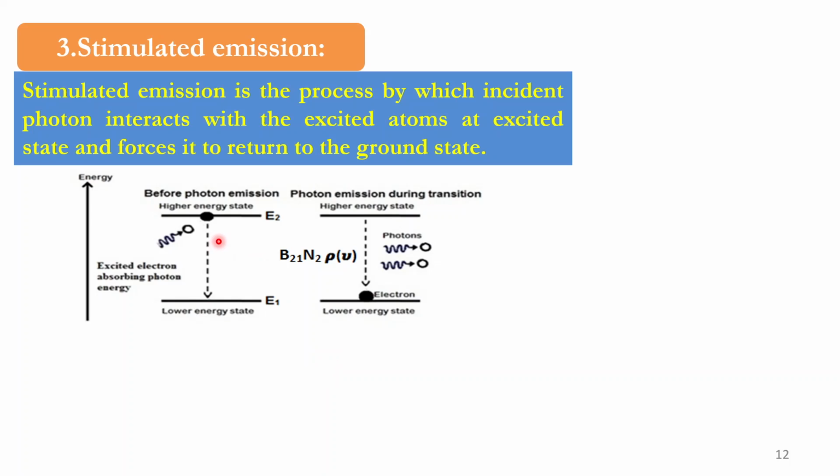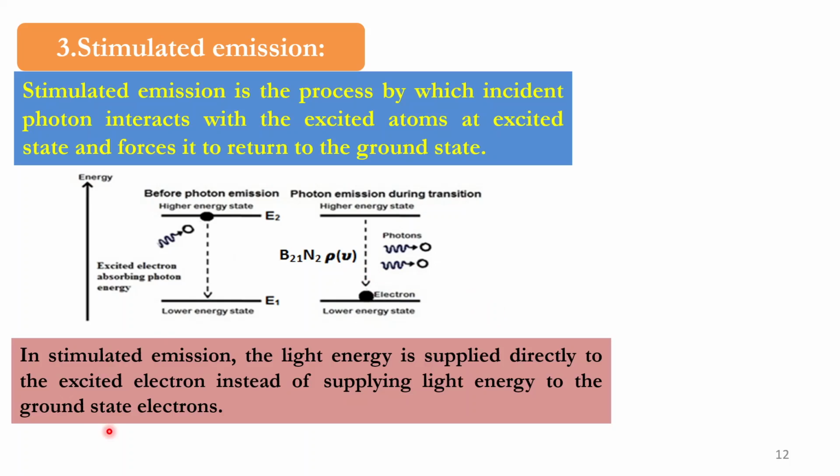Such emission of radiation is known as stimulated emission. In this figure we can see an atom in the excited state. When it interacts with the incident radiation, the atom is forced to go from the excited state to the lower energy state, and during that there is emission of radiation. This type of emission is known as stimulated emission.